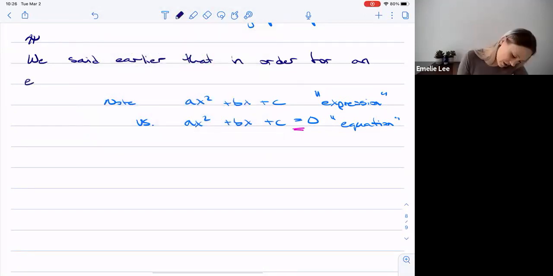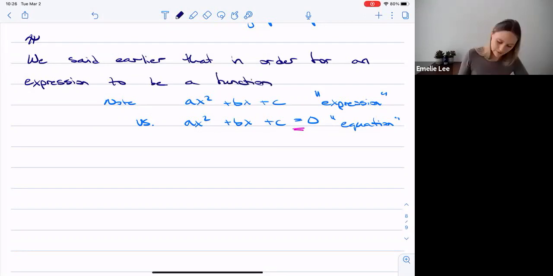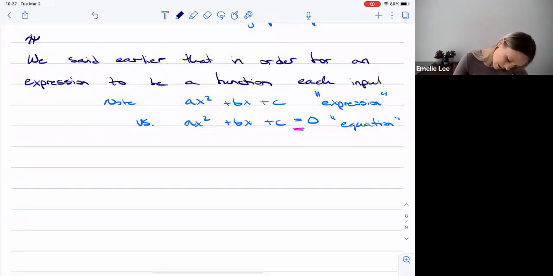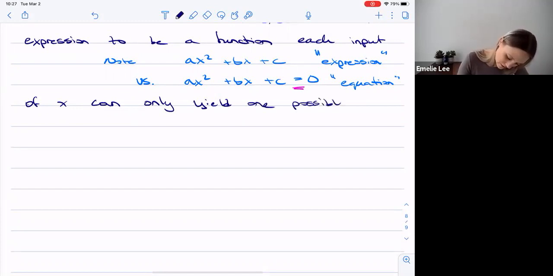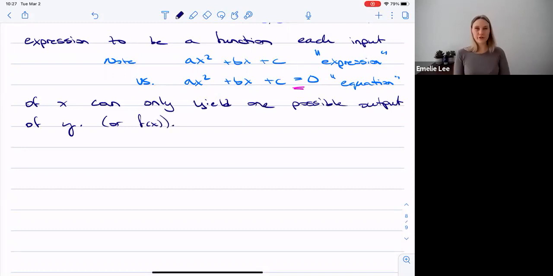So in order for an expression to be a function, each input of x can only yield one possible output of y, right, or f of x, but you read those interchangeably, right?